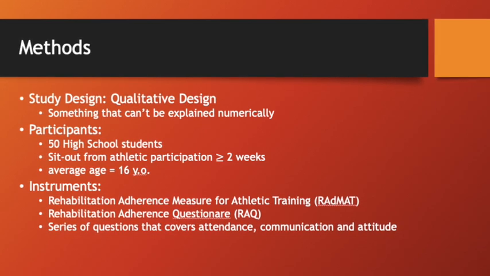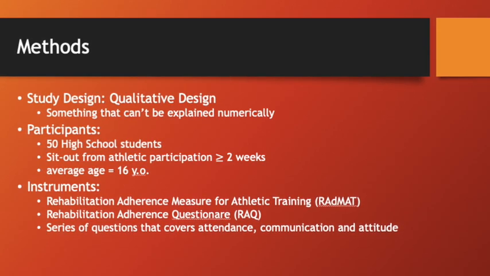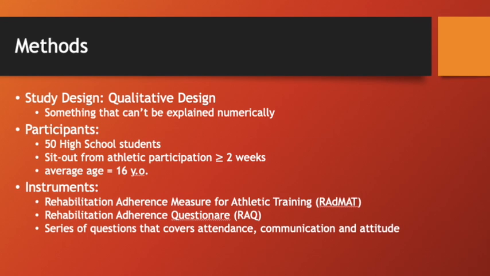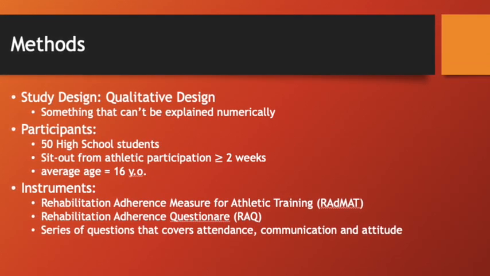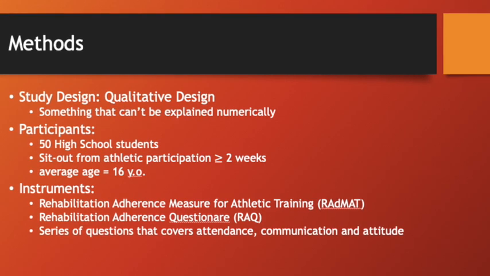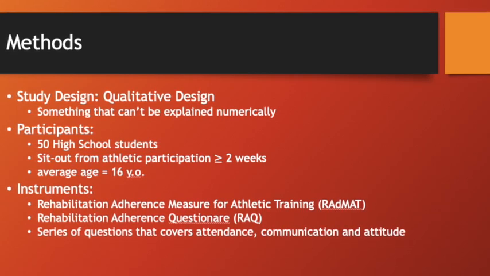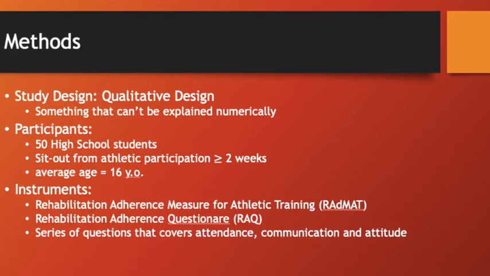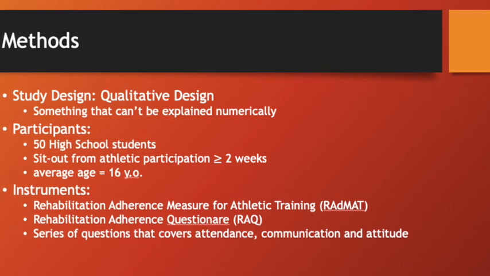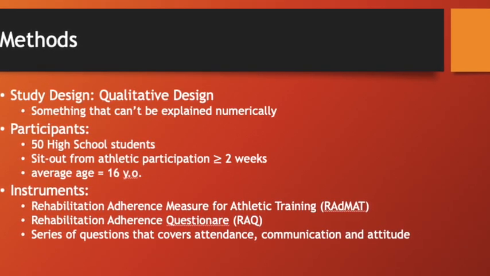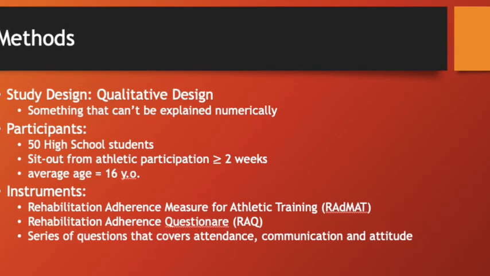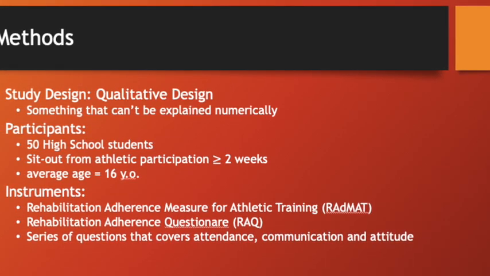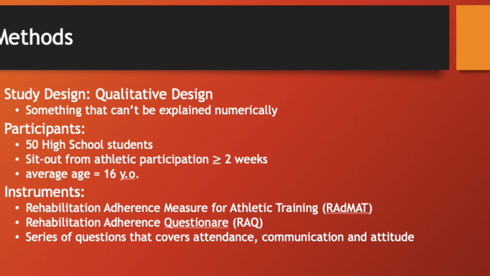For this study, we will be using the Rehabilitation Adherence Measure for Athletic Training, also called RADMAT, and the Rehabilitation Adherence Questionnaire. These measurements cover questions such as attendance, communications, and attitudes.